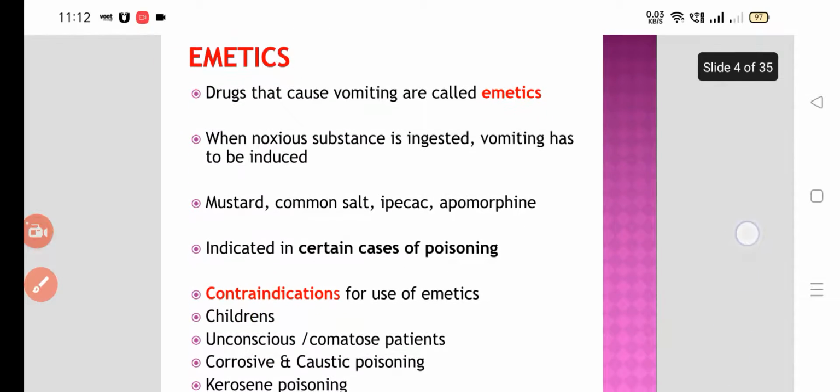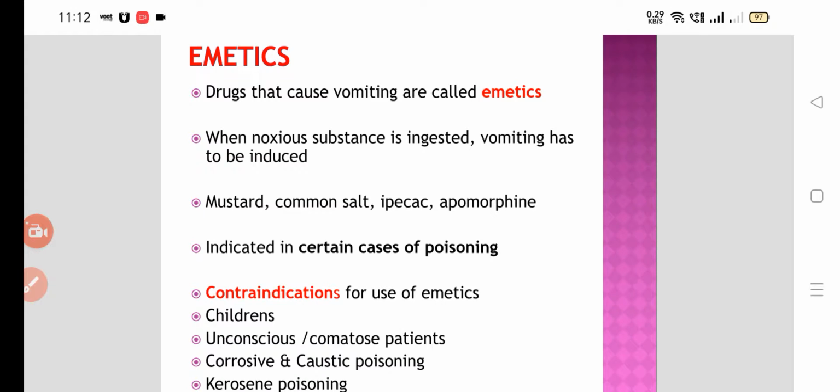Now, emetics. Drugs that cause vomiting, or drugs that evoke or provoke vomiting, are called emetics.